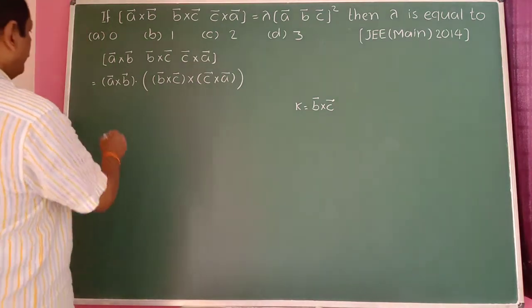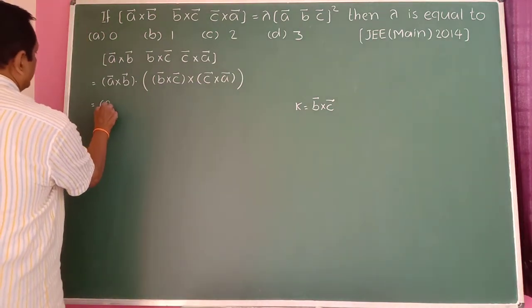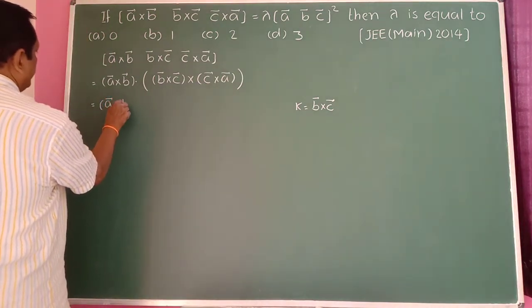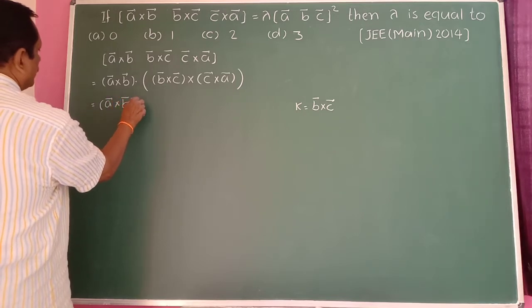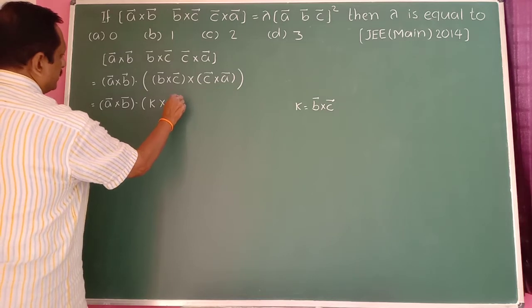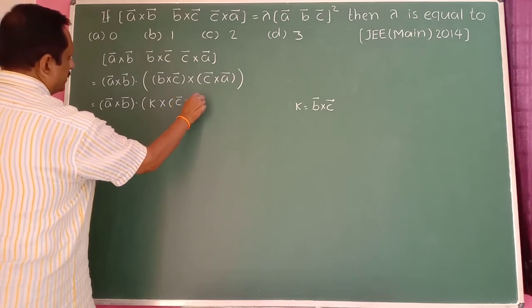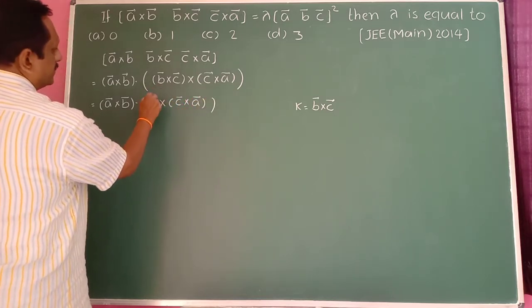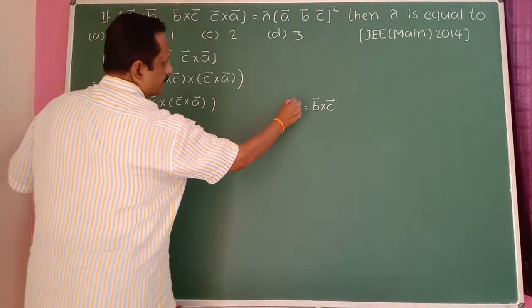Therefore this is equal to A bar cross B bar dot K cross C bar cross A bar. Even this is also a vector, therefore take care.